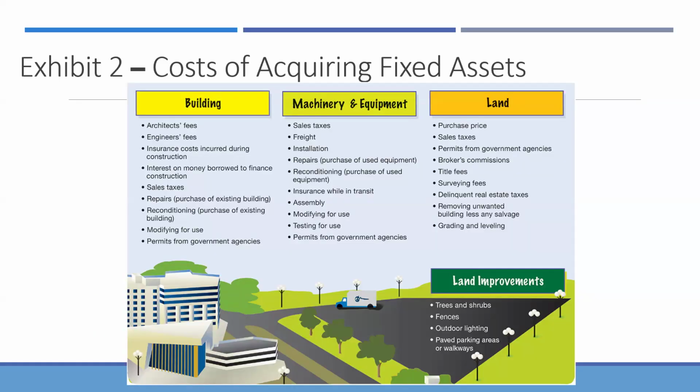It might come up on multiple choice or drop down questions where it says, this is the type of purchase, what kind of fixed asset is it? Is this land? Is it land improvements? Is it equipment?